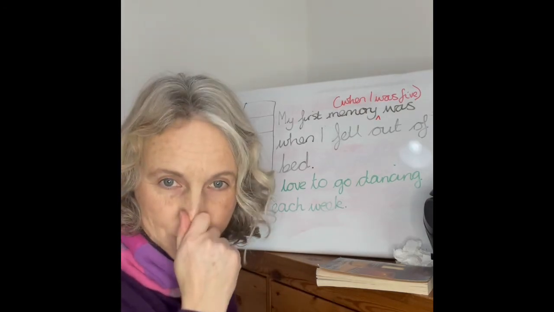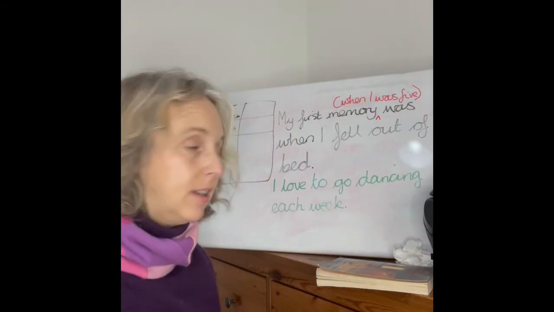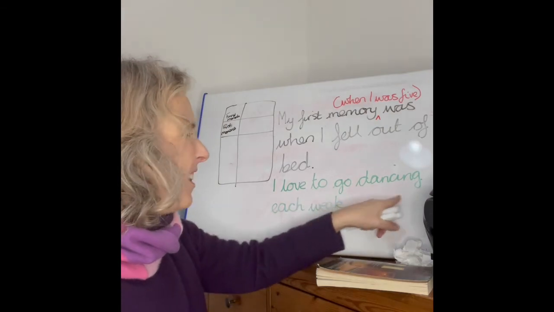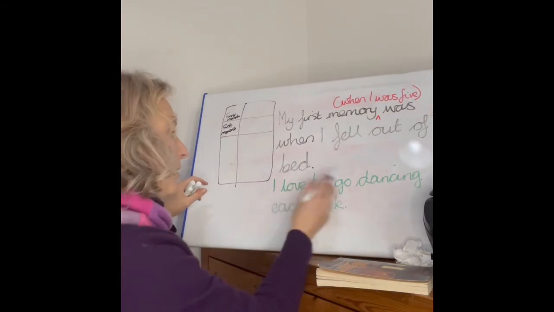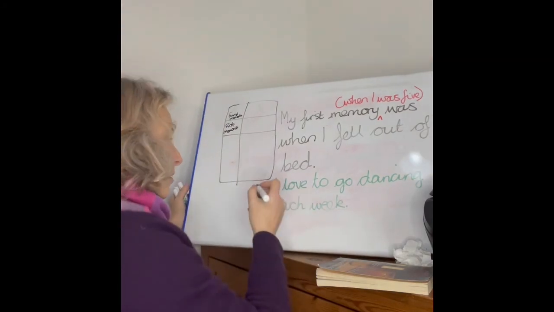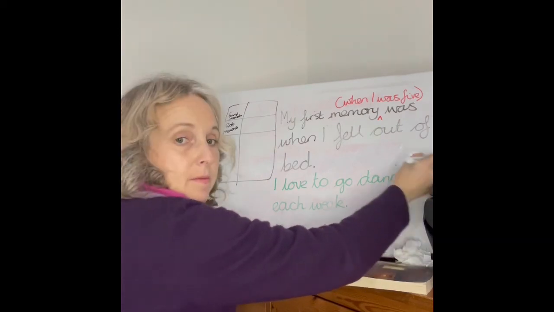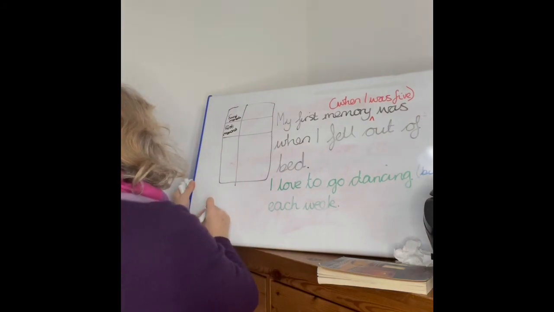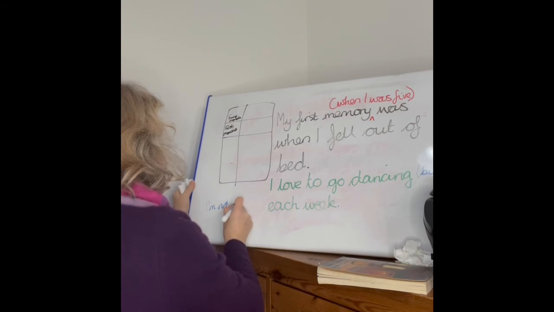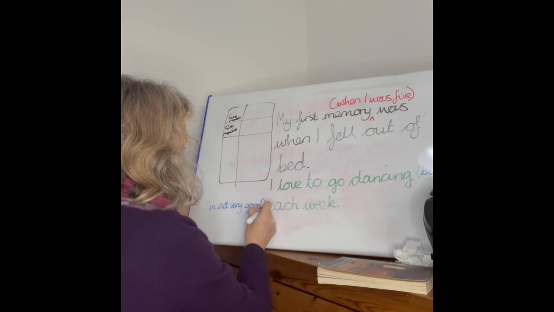But I'm going to add an extra bit of information to try and entertain the reader. I think this dancing bit's the most important bit of the sentence, so that's what I'm going to add extra information about. I love to go dancing, but I'm not very good each week.